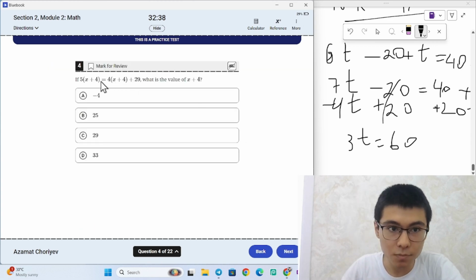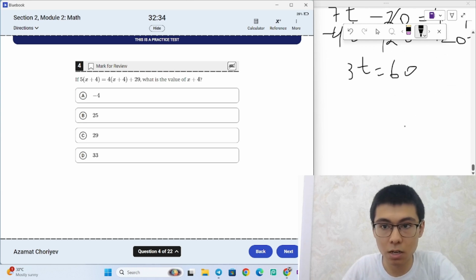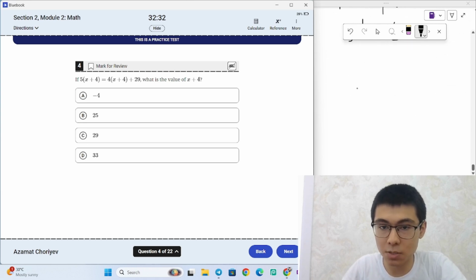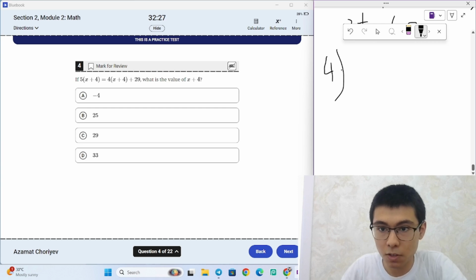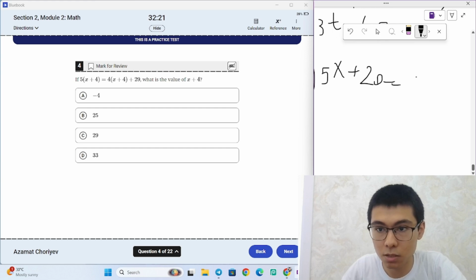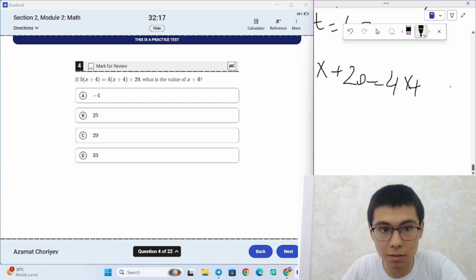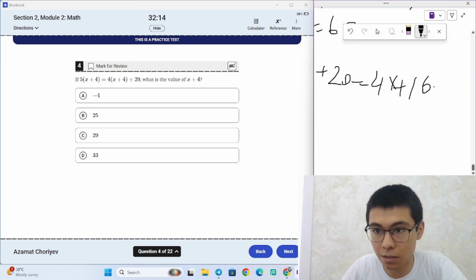Let's move on. So we have an equation here. What's the value of x plus 4? I'm gonna solve that as well here. Question number 4. 5x plus 20 equals 4x plus 16 plus 29.